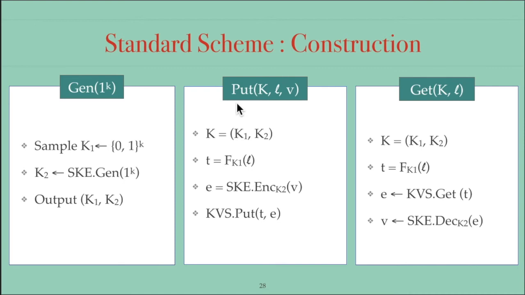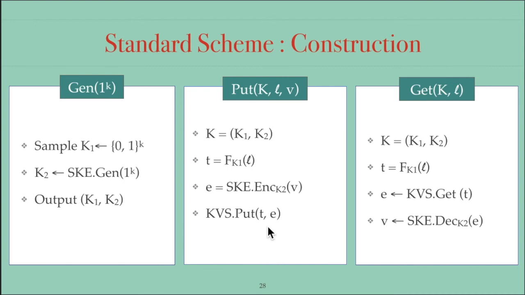The put protocol takes as input a key K and a label value pair. It then applies a PRF on this label L to get this PRF label T, and it then encrypts the value V to get this encrypted value E. It then gives this encrypted label value pair T and E to a plain text key value store, which then essentially stores this encrypted label value pair in the network.